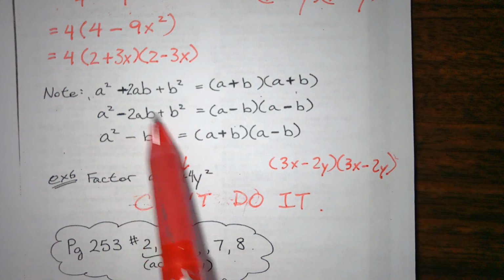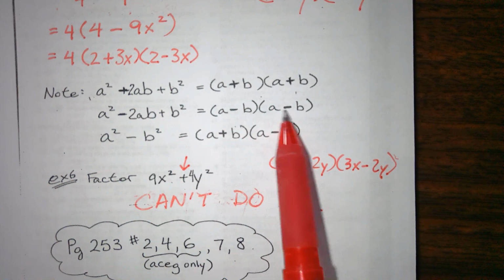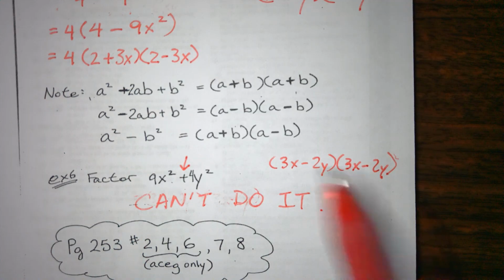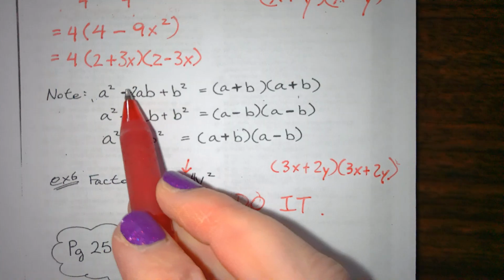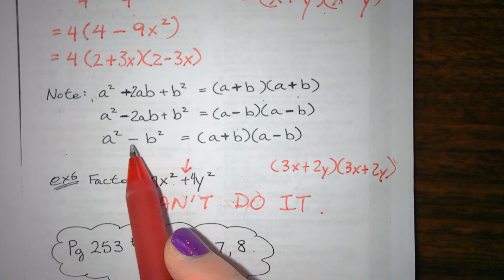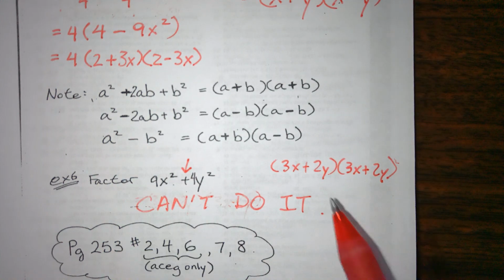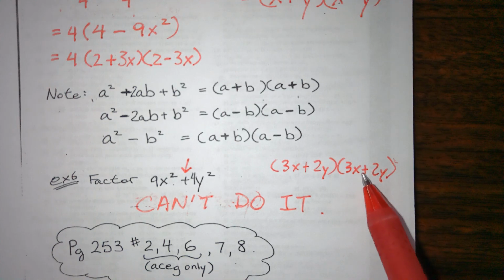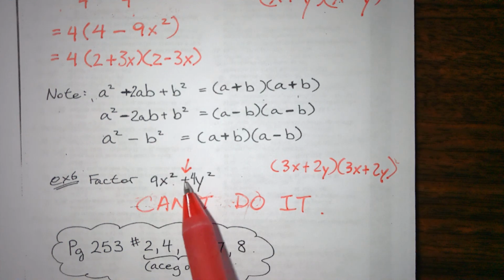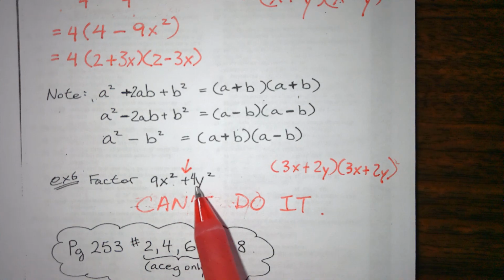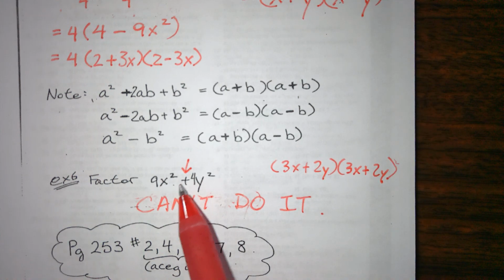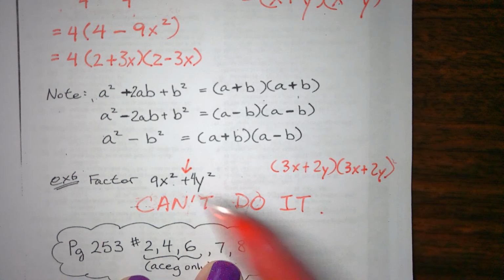If it's negative negative, you'll have a middle term. If it's positive positive, you'll have a middle term. But if there's no middle term, that means one is positive, one is negative, but it's not a difference of square. So if it's a plus, it doesn't work. Even if you recognize that 9 is a perfect square and the 4 is a perfect square, this is not factorable.